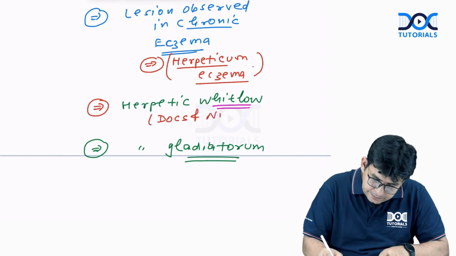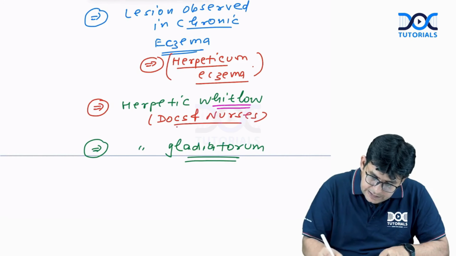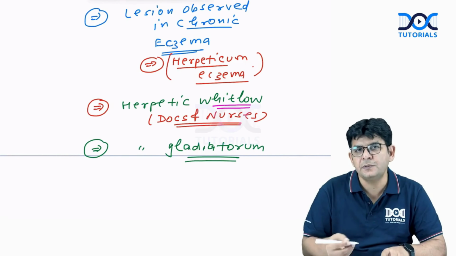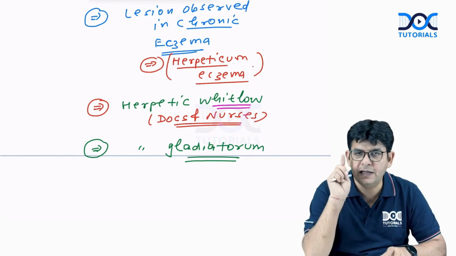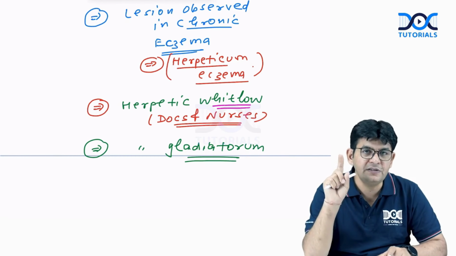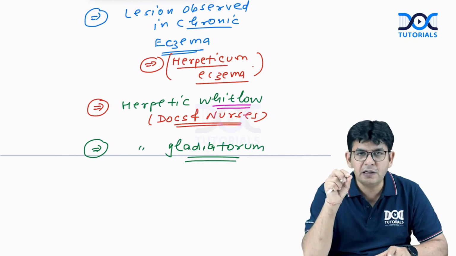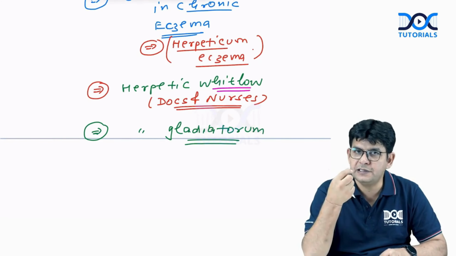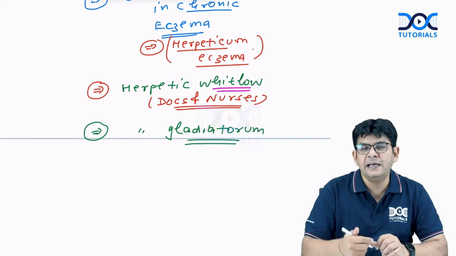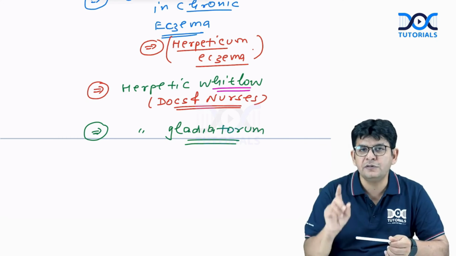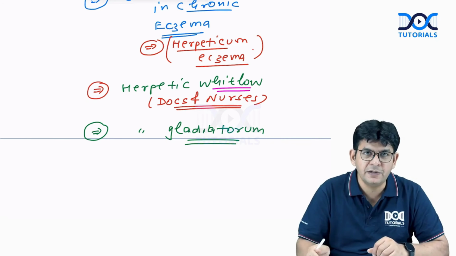Doctors and nurses. Suppose they have touched any lesion with these fingers, this particular virus will be incorporated inside them and they will keep on having this recurrent lesion of fingers. So that is termed as herpetic Whitlow.